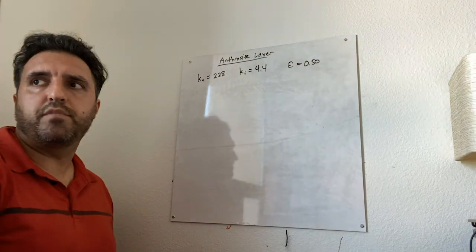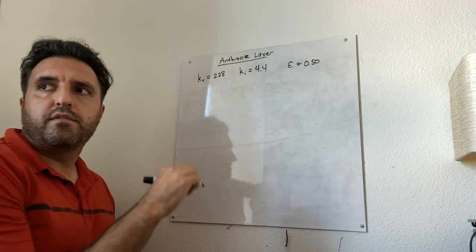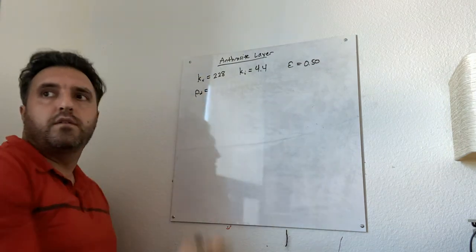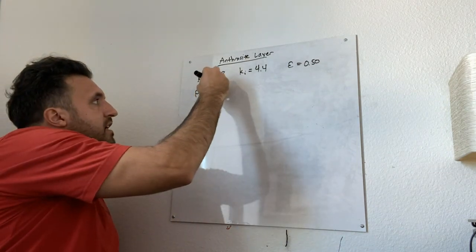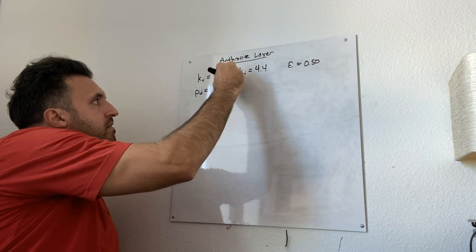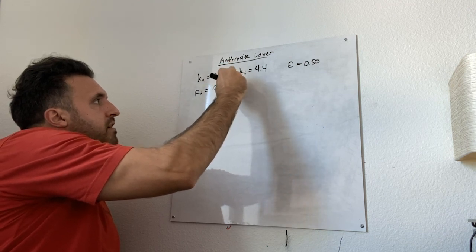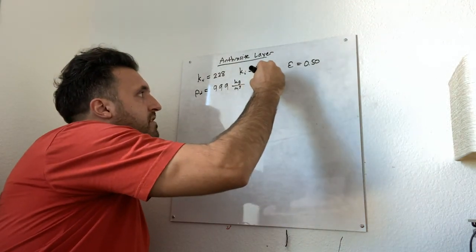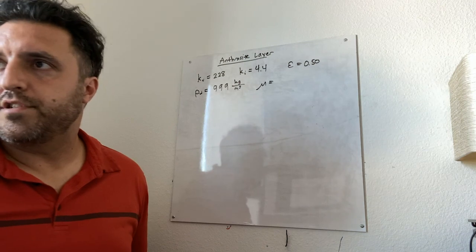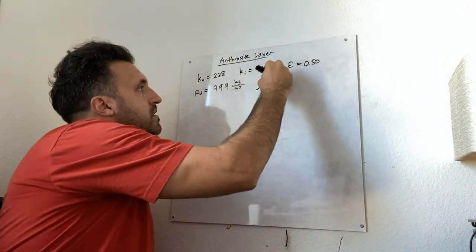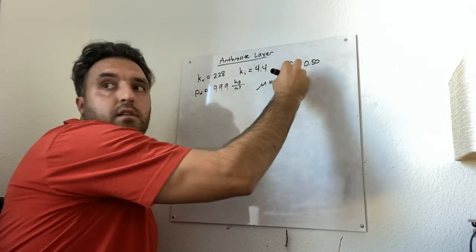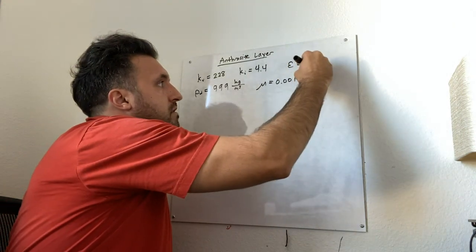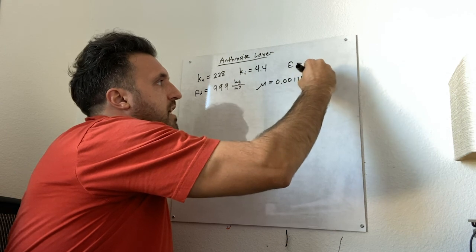Alright, so for the temperature that we're working at, we've got a density value of approximately 999 kilograms per cubic meter, and mu, dynamic viscosity, at that temperature is equal to 0.00114 kilograms per meter per second.